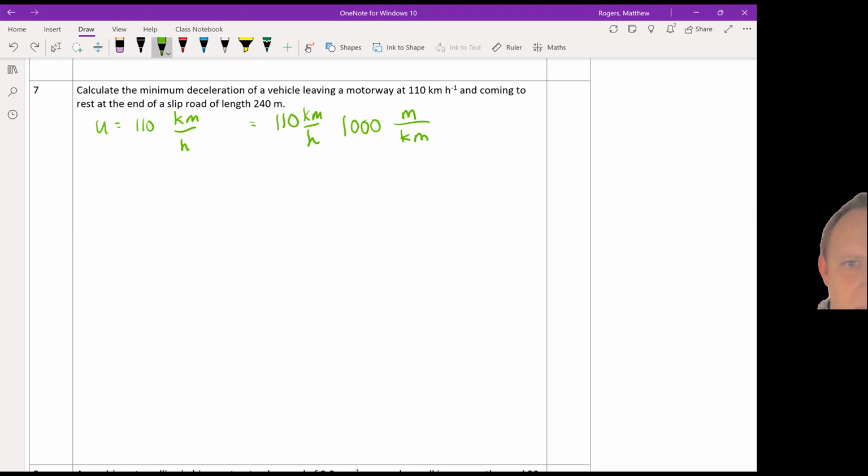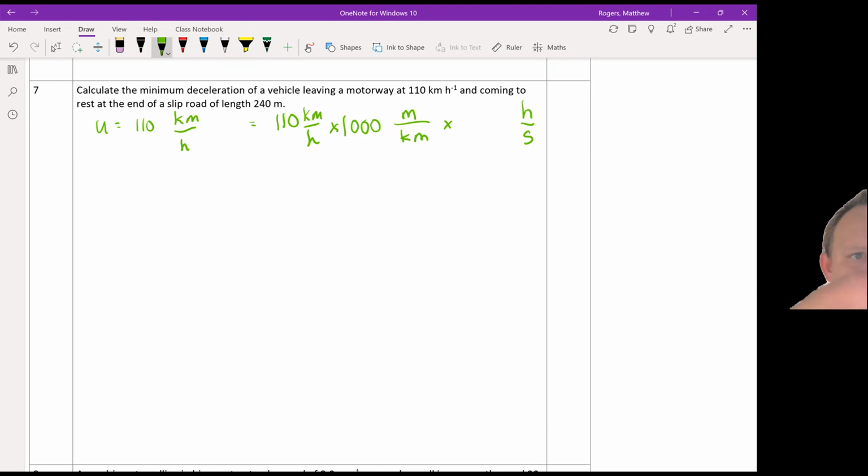But I'm not going to stop there because I don't want meters per hour, I want meters per second. So again, I've got the hour down here at the bottom, so I want to multiply by the hour to cancel that unit out, and I want to introduce a new unit, the second, in its place. So I just need to multiply by the number of hours per second.